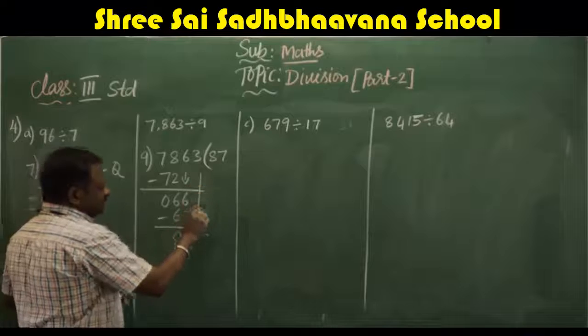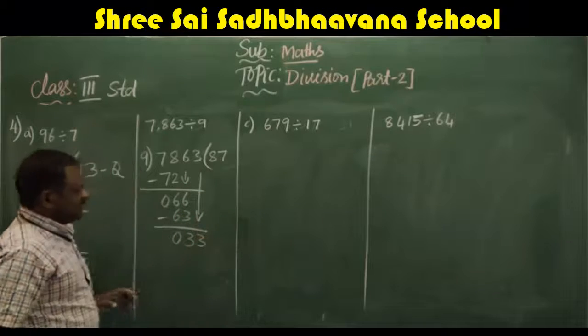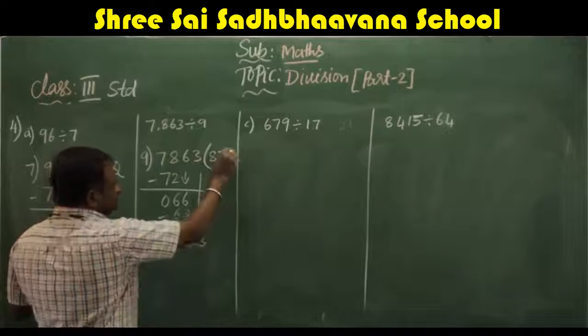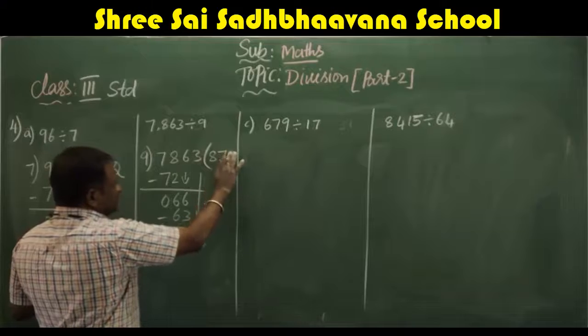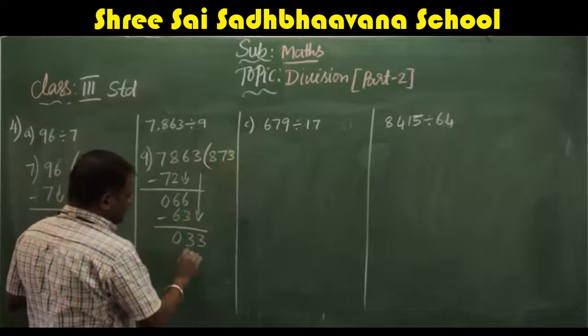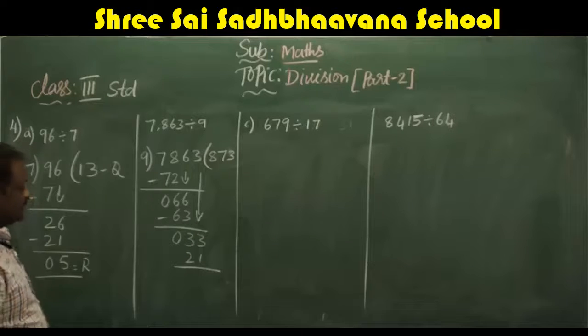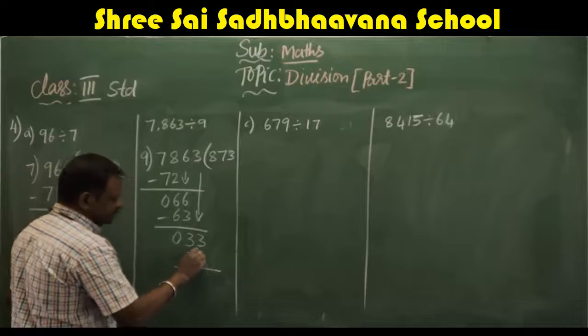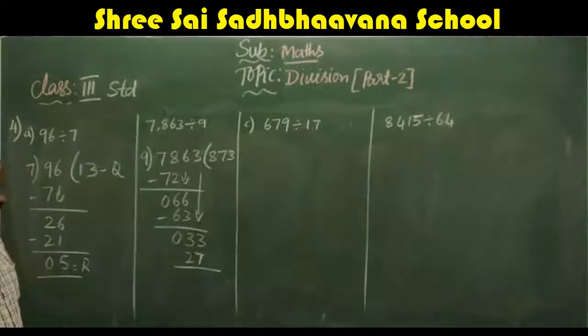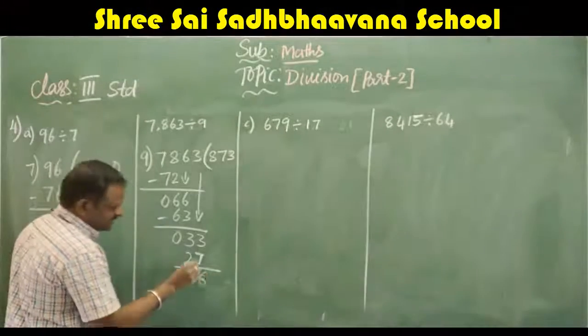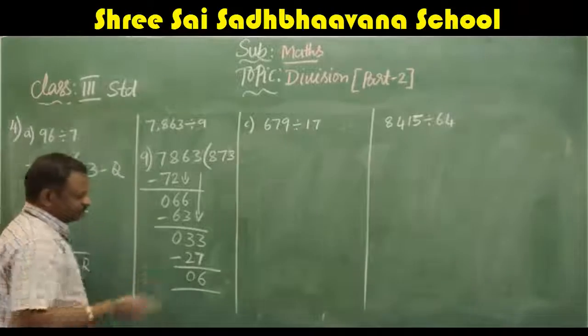Now we take down 3. 9 threes are 27, 13 minus 7 is 6.